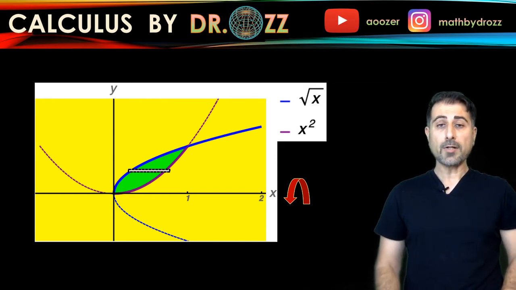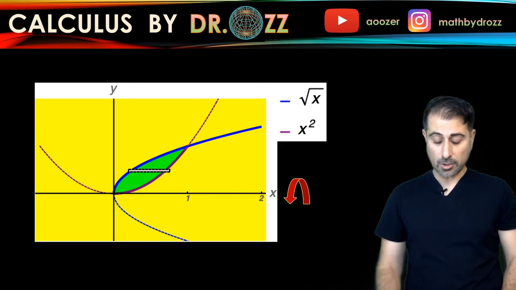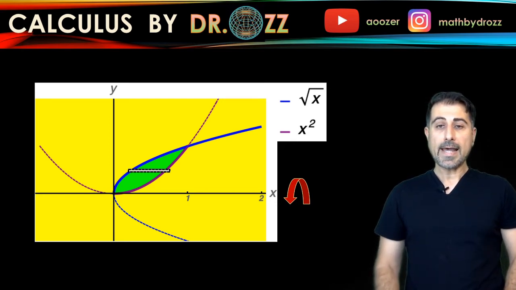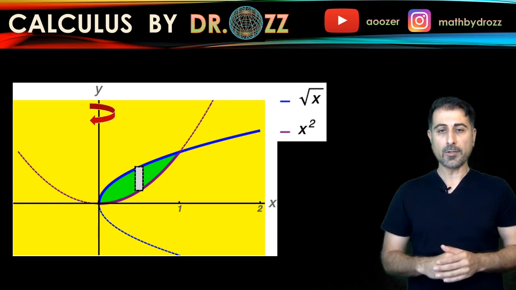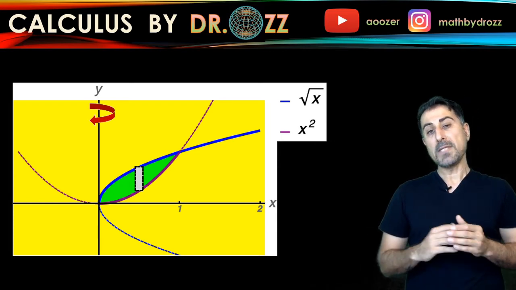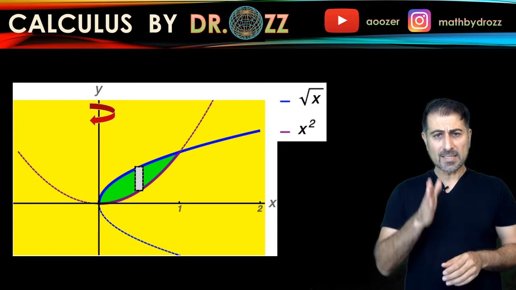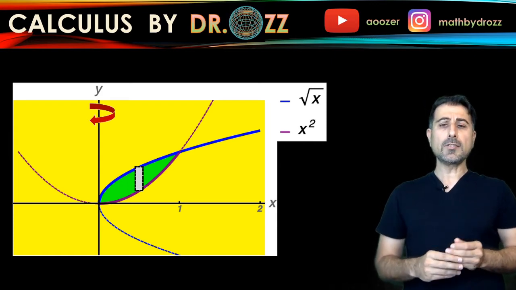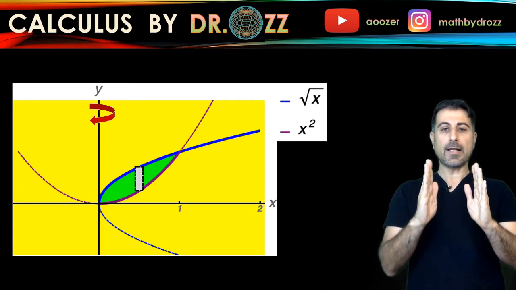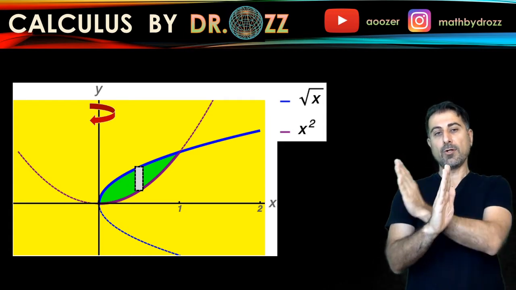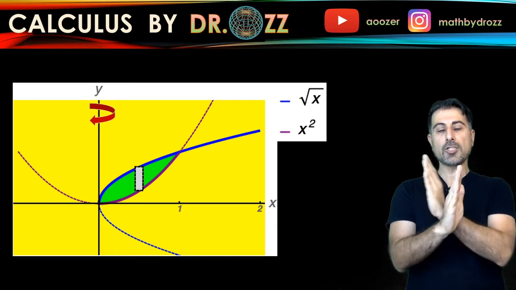And in the second part of this question, which is going to be probably another video, we're going to have the revolution about the y-axis. So this picture is referring to me taking a slice parallel to the axis of revolution. That means I'm going to use the shell method because when I revolve this around, I'm going to get a shell.